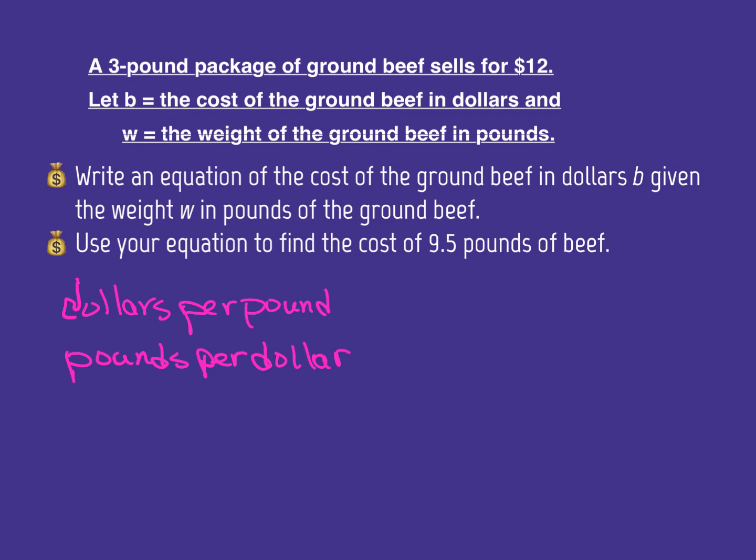If you don't go shopping, you might want to ask somebody or take a walk into a store, because I can tell you that the way that you purchase things is dollars per pound. Okay? I mean, you might on occasion buy pounds per dollar, like if you walked into a store and said, I want to purchase some beef, I only have $5 to spend, that might be a different story. But typically it's dollars per pound.